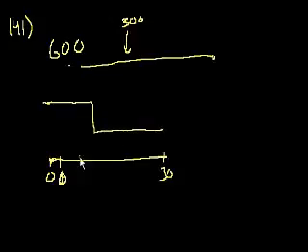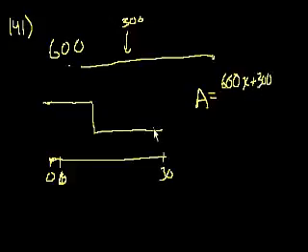So the question is, what is the average? So it's going to be $600 times a certain number of days plus $300 times a certain number of days divided by 30. So let me write that down. The average is going to be equal to 600 times however many days she carried the 600 balance plus 300 times however many days she kept the 300 balance. And that's going to be 30 minus x.